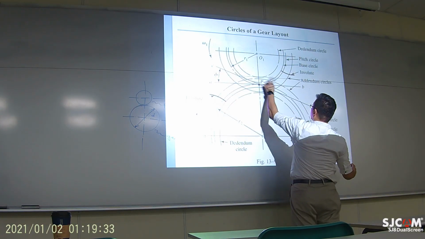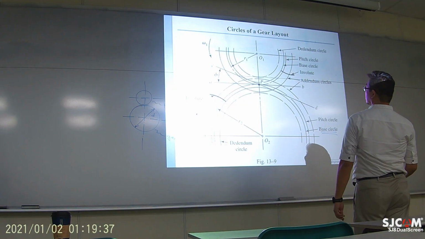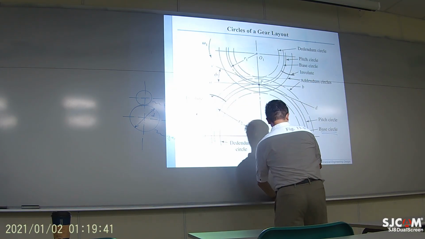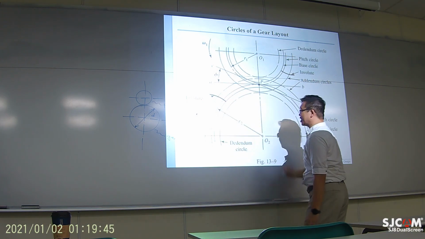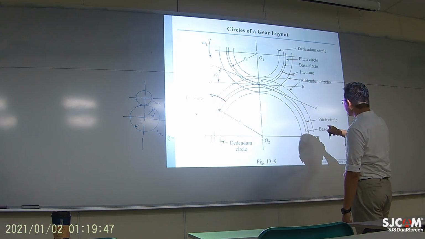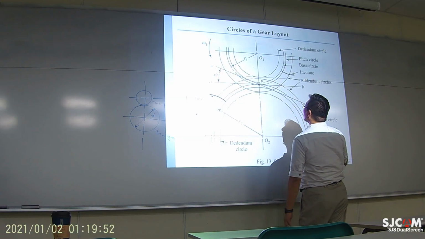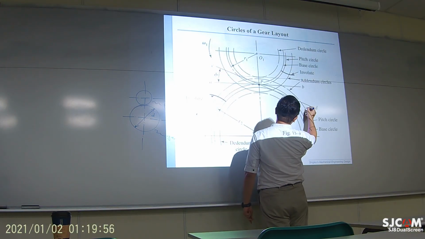Oh no, this is not right. Sorry. The tooth should be grown based on the dedendum circle. The base circle is about the pressure angle. So I was wrong. The tooth should be grown within this range.